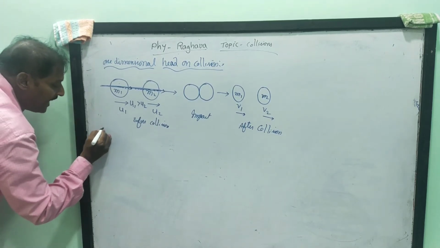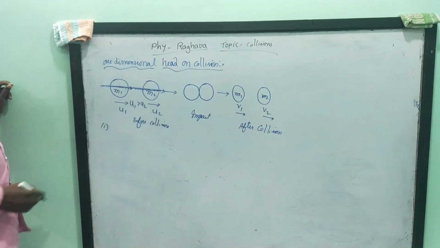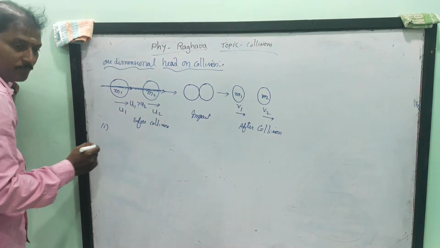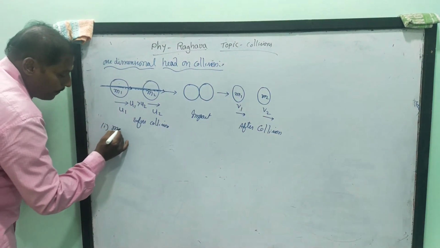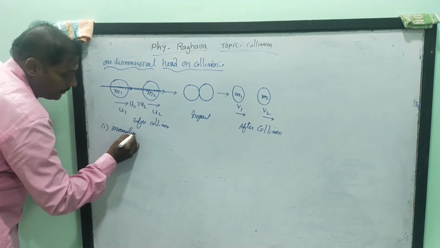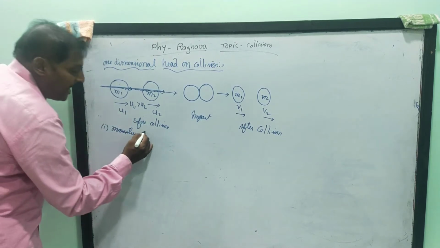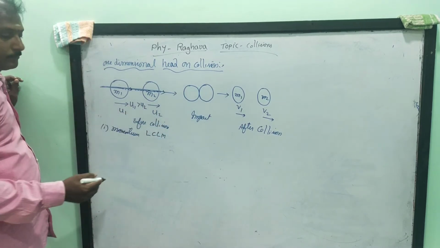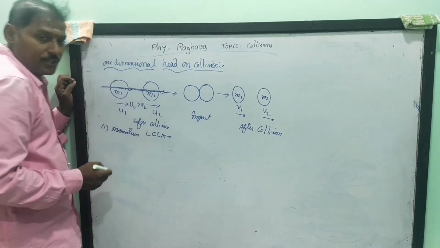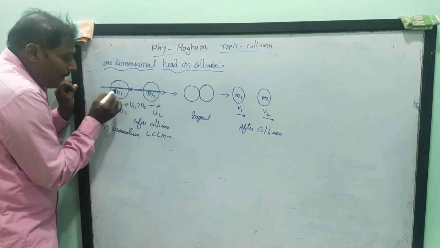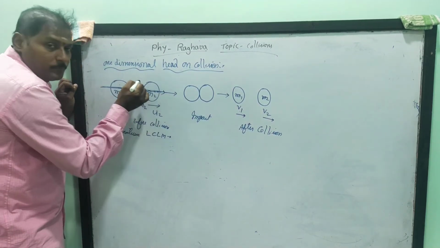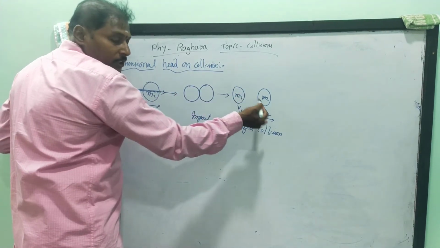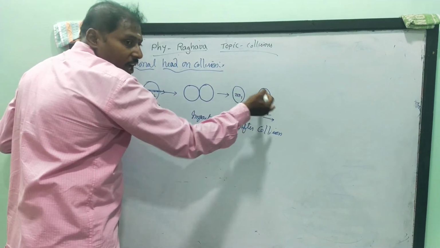So in elastic collision, two quantities must be conserved. Number one is momentum. According to the law of conservation of linear momentum, the momentum of a system before collision is always equal to the total momentum of the system after collision.